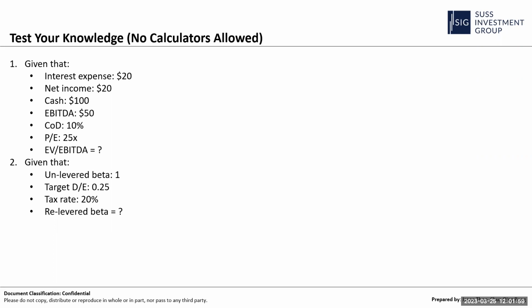Okay, so if your unlevered beta is 1, your target D/E is 0.25, and tax rate is 20%, what is your relevered beta? Anyone recall the formula to relever your beta?